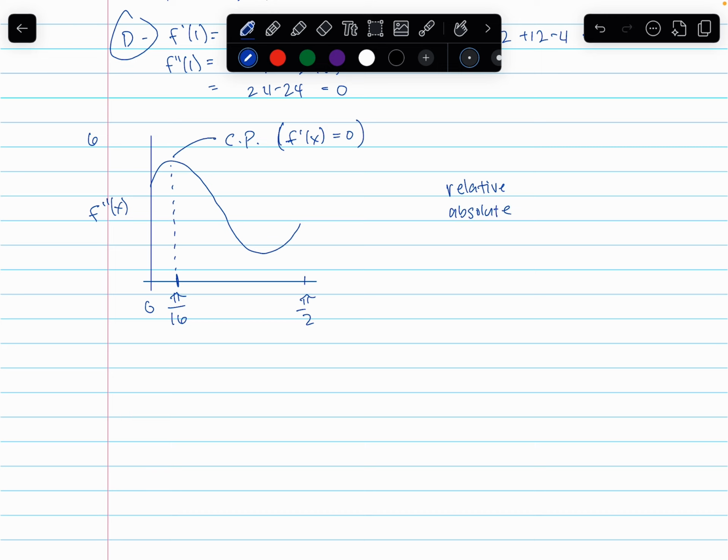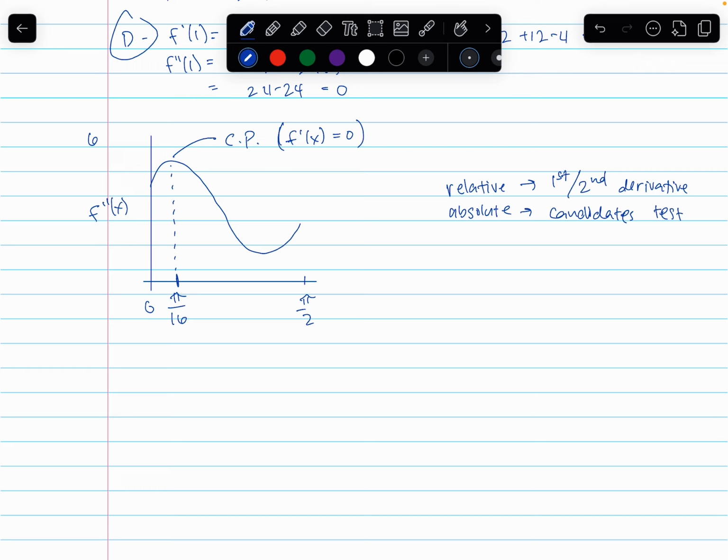Relative refers to the first or second derivative test. Absolute refers to the candidates test. Right? Okay. Or maybe we're using both.